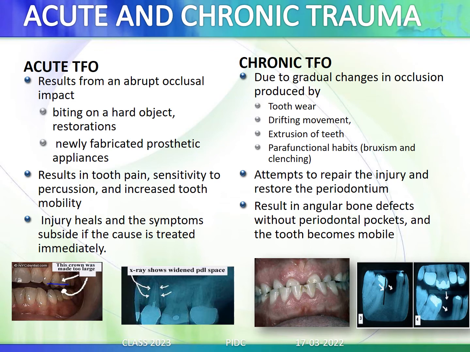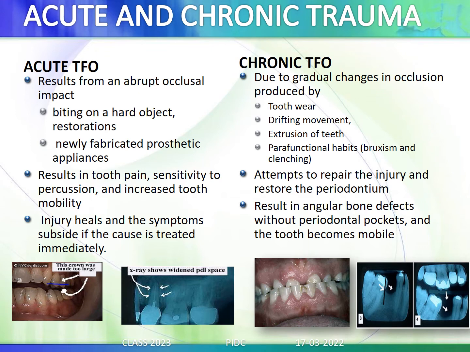Next, coming on to chronic trauma from occlusion. So this occurs because of gradual changes which are occurring in the occlusion, like for example tooth wear, drifting movement, extrusion of the teeth or parafunctional habits like bruxism or clenching.